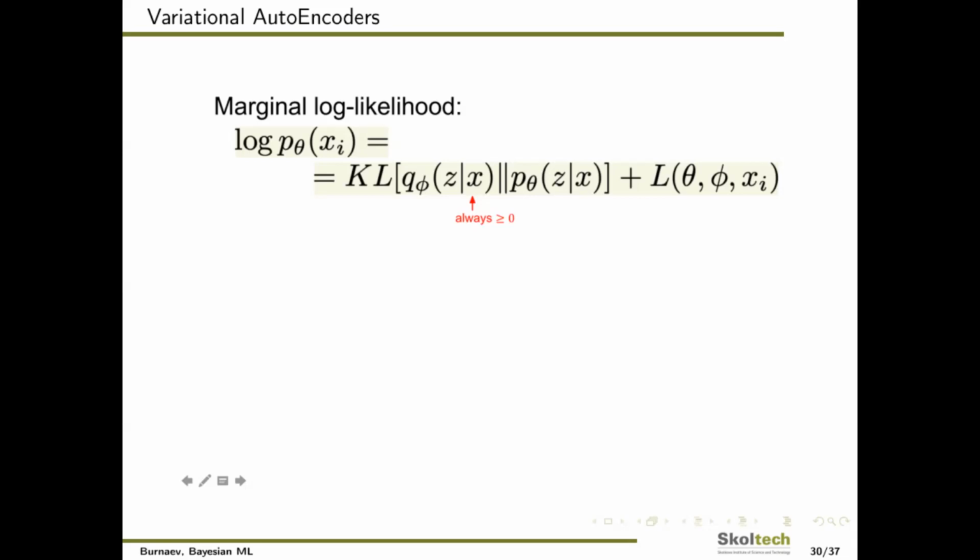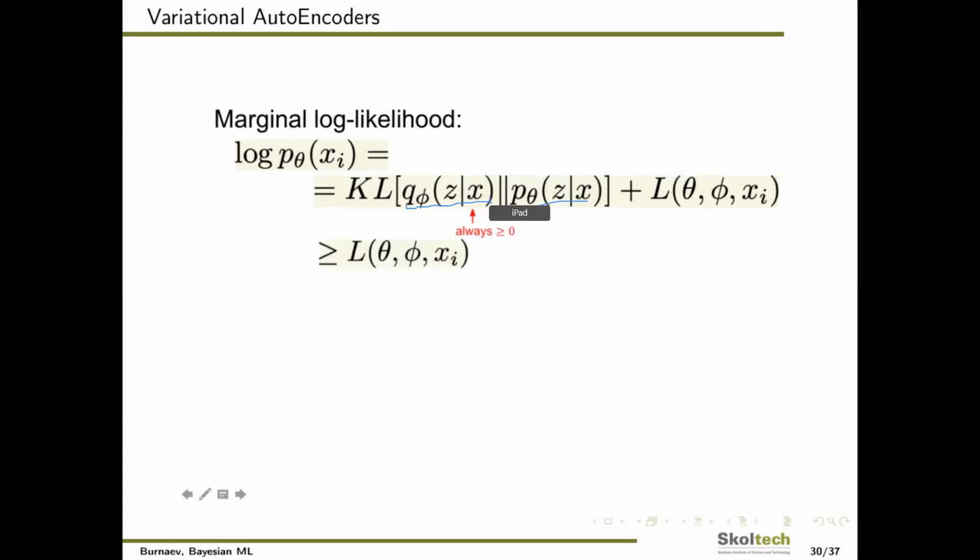We have a Kullback-Leibler divergence between the distribution of Z given X and this approximation, and we have another term here. As we know that the Kullback-Leibler divergence is greater or equal to 0, we have a lower bound for our log P, this L.